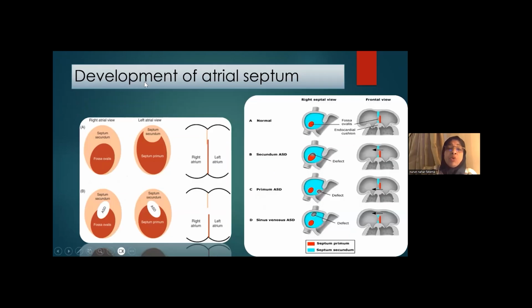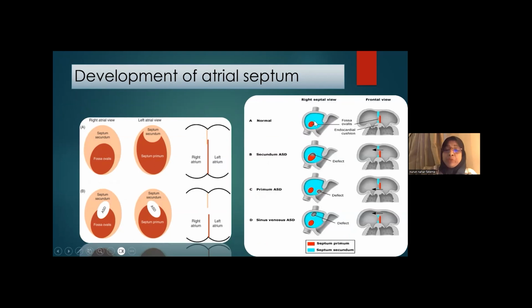And what about the development of the atrial septum? This is the normal right atrial view of the atrial septum. You can see the blue part here, and the red part is actually on the left atrial side. When we view it from the left atrial side, we will see the septum secundum, but if we view the atrial septum from the right atrial side, we will see mainly the septum primum.